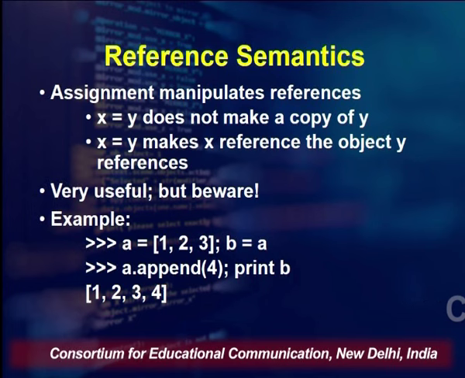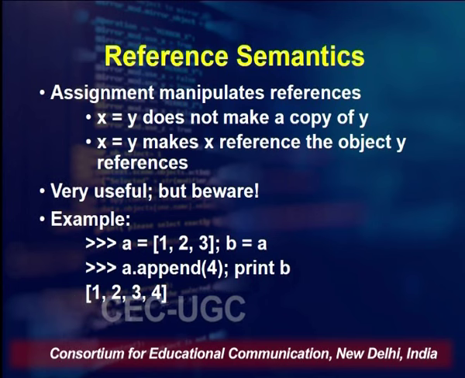It is doing an assignment, that is the value of y is going into x, but what is happening is that x is referencing the object which y is referencing. So, actually the value is not being copied, but it is being referenced. How is it working? If you have a variable a, which is a composite variable, say an array.